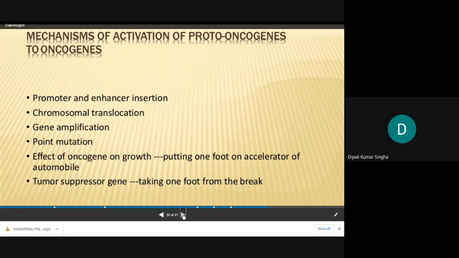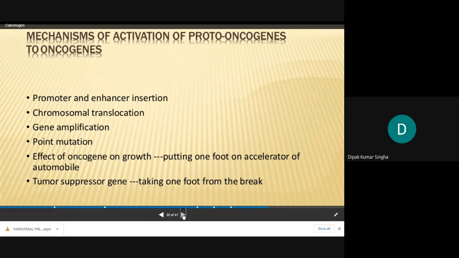Another mechanism is gene amplification. Suppose the gene is a normal gene, but when it is amplified, the gene sequence is altered or added to, and the amplification of the gene sometimes produces mutation. And another is point mutation: depurination, deamination, TT dimer, AT or TT. In case of skin cancer or multiple myeloma due to UV rays, that is an example of point mutation, and that produces cancer.